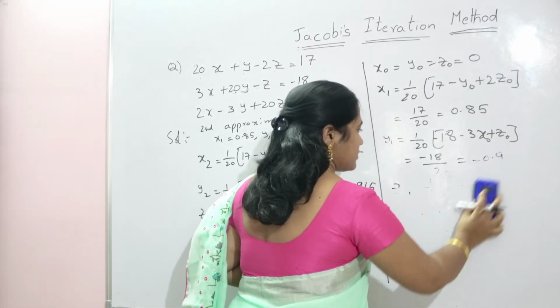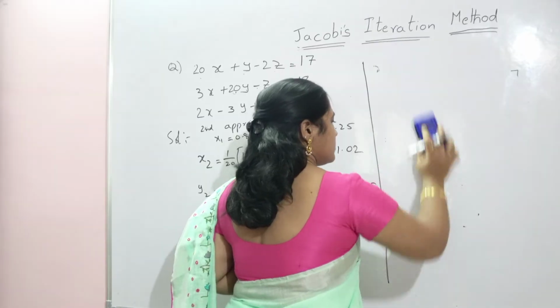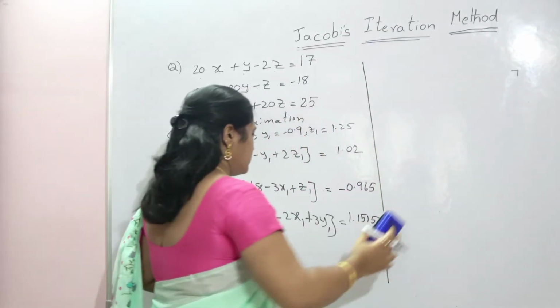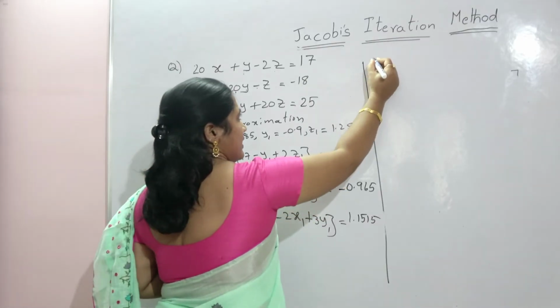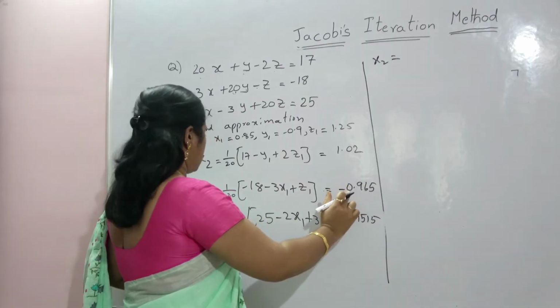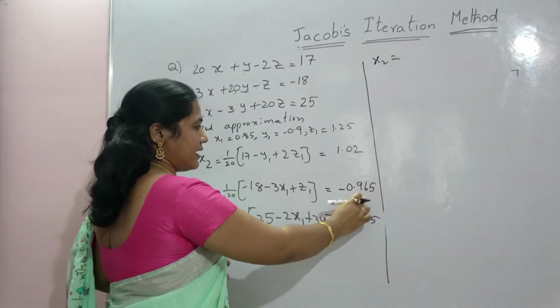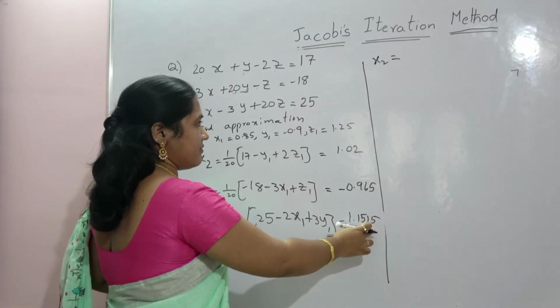So for the next approximation, x2, y2, z2. x2 is 1.02 and y2 is minus 0.965 and z2 is 1.1515.